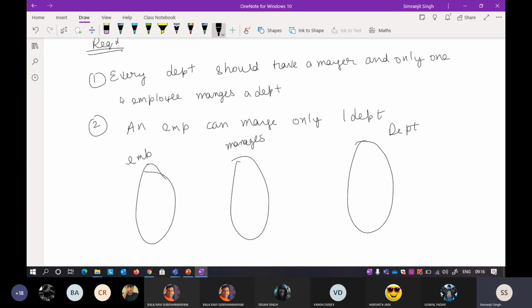Now every department should have a manager. It means that D1 should be managed by exactly one employee. Suppose D1 is managed by one employee, that is E1 here.